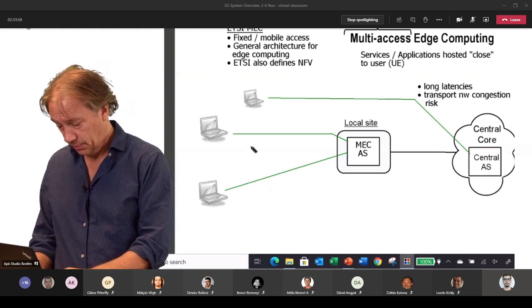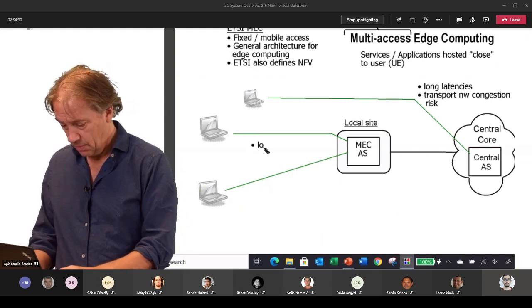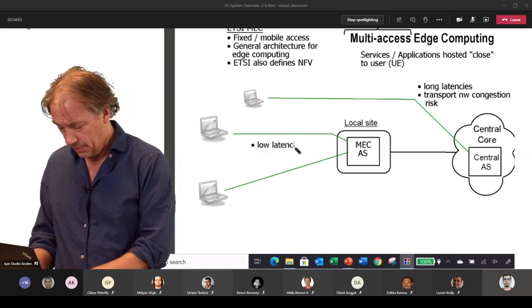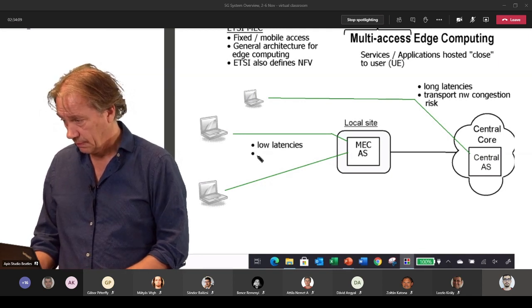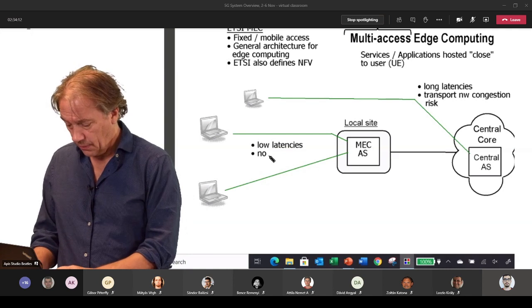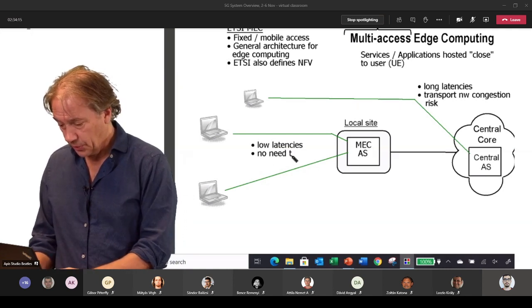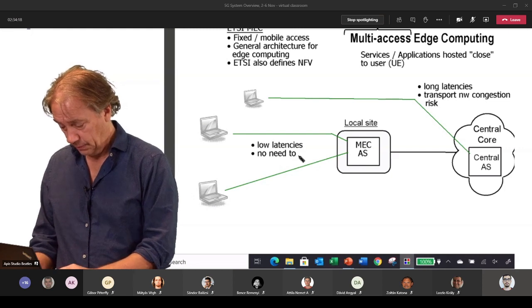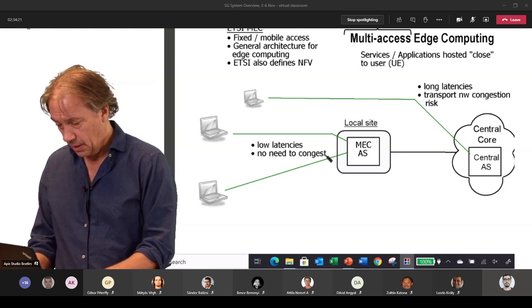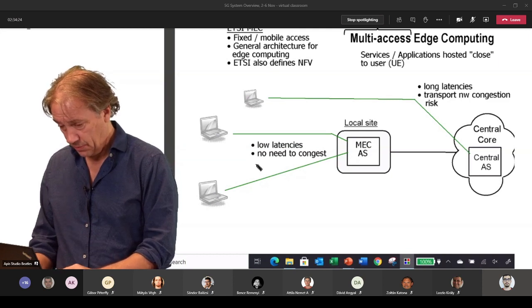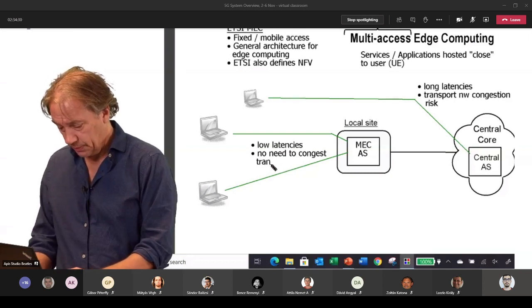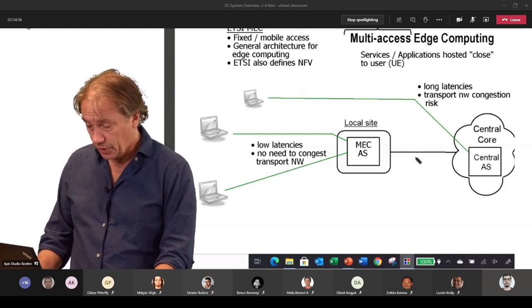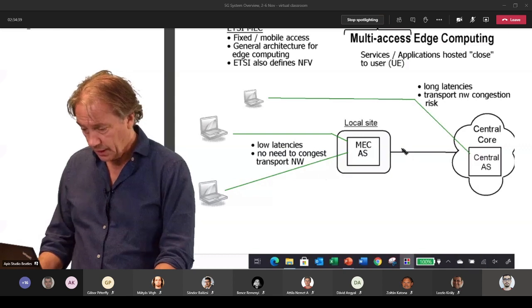So low latencies and no need to congest transport. At least not this transport network.